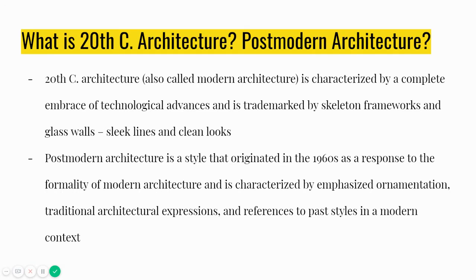But postmodern architecture is a response to this, and like many other things, a rejection of it. So we have real polar opposites between modern and postmodern. One is a break from tradition and all about new traditions, new technologies, and the other one is a return to tradition. So you're going to get to see examples of both of that.